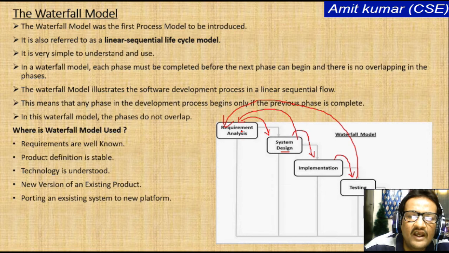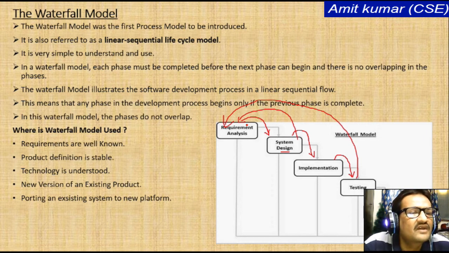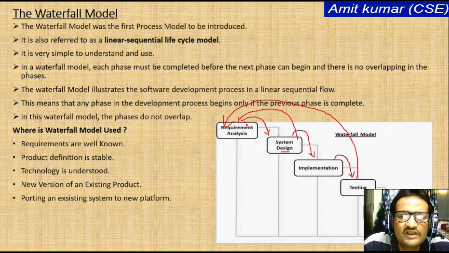Due to this resemblance with falling water, this model is referred to as the waterfall life cycle model. In this model, the phases do not overlap. In other models the phases can overlap, but in the waterfall model, since there is no looping back, the phases do not overlap.